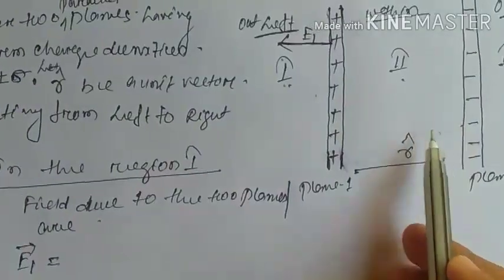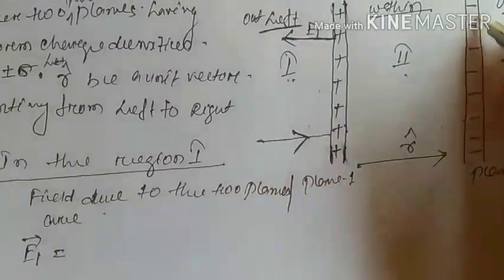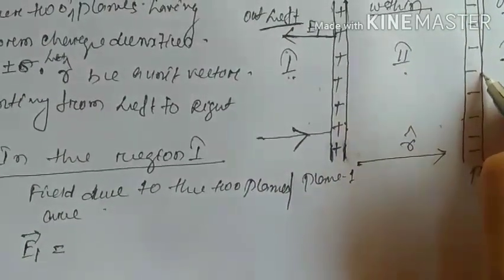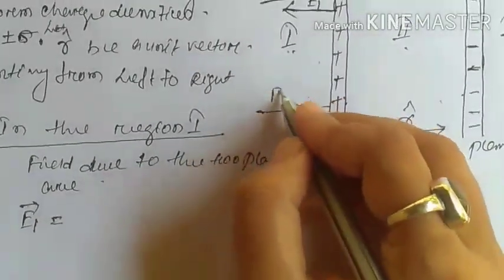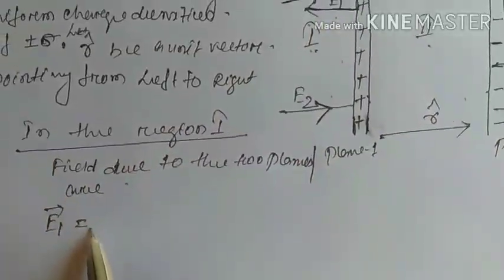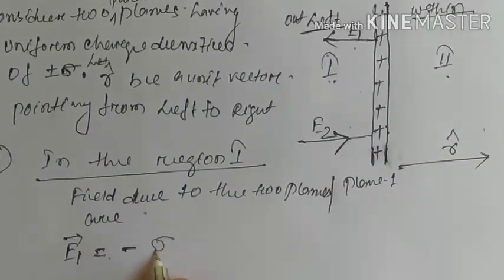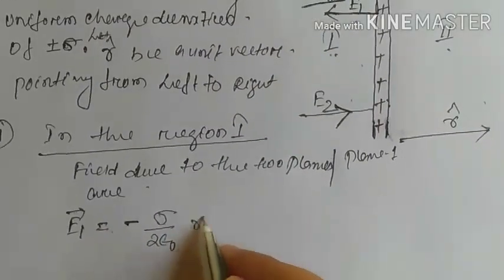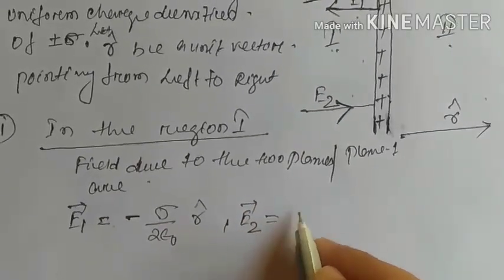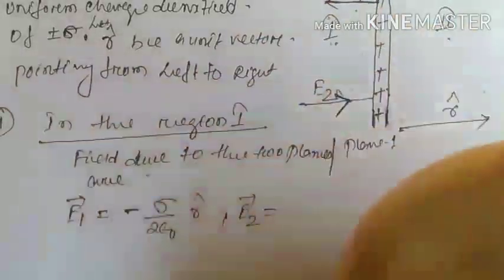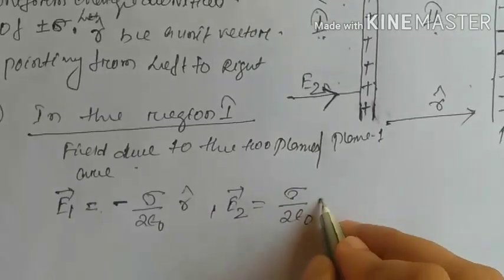Then due to plane 2, it is in this direction, because this is negative charge and the electric field always points towards the negative charge. So E1 is equal to minus sigma by 2 epsilon naught r cap, since this is the left-hand side. Similarly, E2 is in this direction, so it is sigma by 2 epsilon naught r cap.